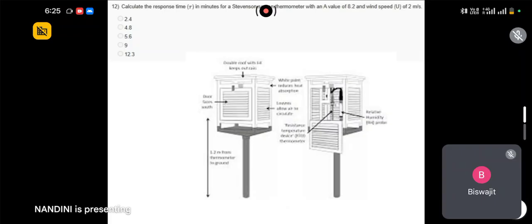It will have multiple instruments that measure multiple variables like temperature, humidity, pressure, etc. I don't think the figure is clear. I'll show you a better image, I guess. It will have different instruments like thermometer, barometer, etc. Not only thermometer.